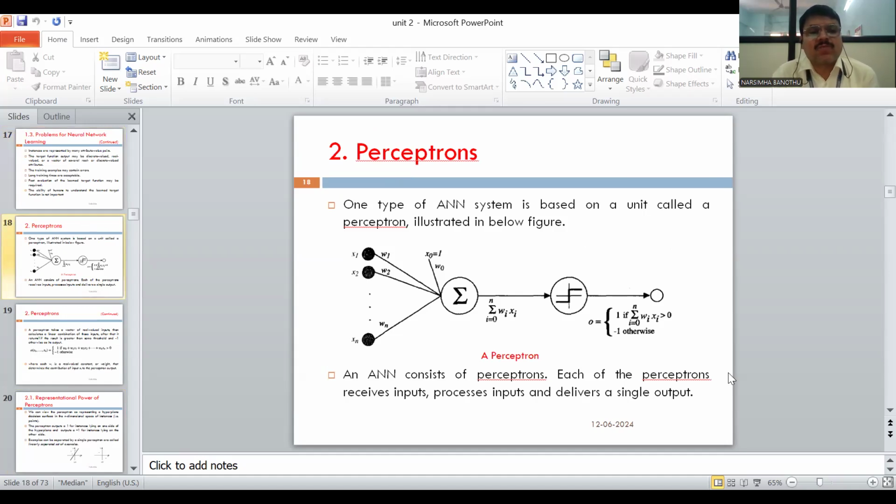Perceptrons. Coming to perceptrons, one type of artificial neural network system is based on a unit called a perceptron. You can see in the below figure, this is called a perceptron. An ANN consists of perceptrons. Each perceptron receives inputs, processes them, and delivers a single output, right?